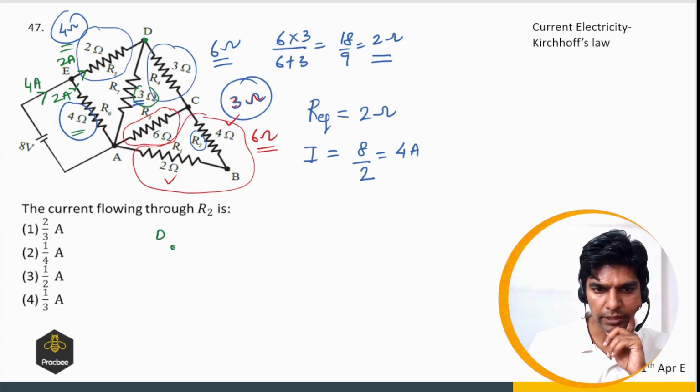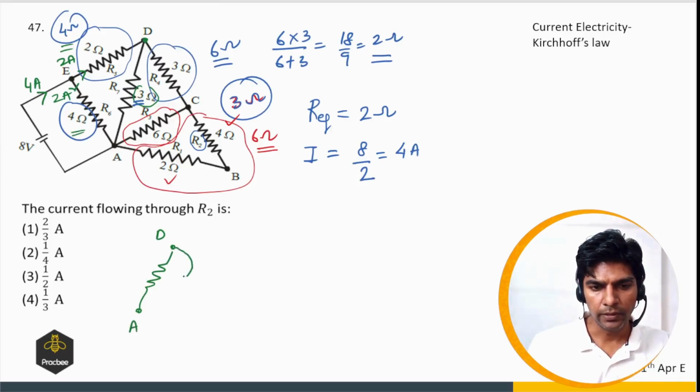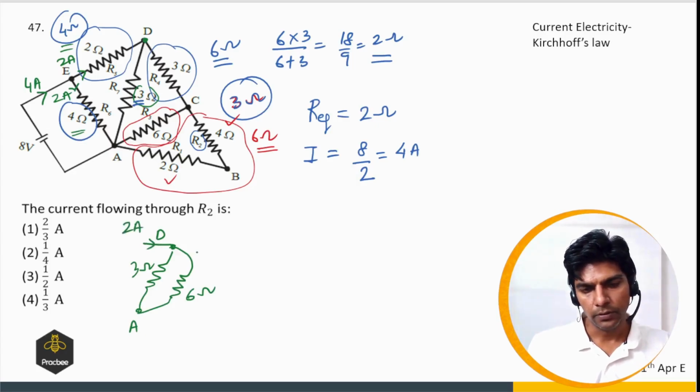If this is D and this is A and here we have 6 ohms and here the current coming is 2 ampere. So the current in 6 ohms will be what?